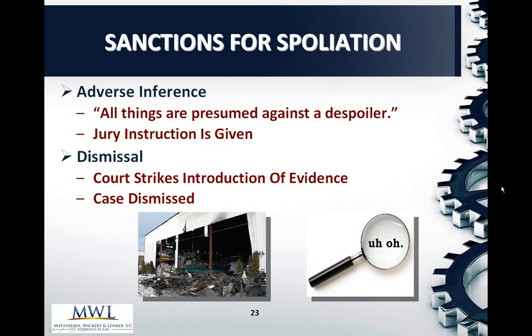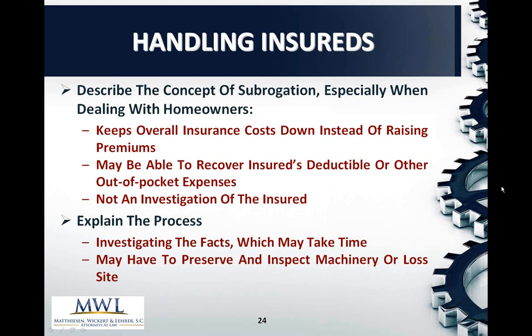And a lot of times, if the court strikes your introduction of evidence at trial, then that can't be taken into effect, and so your case is going to be lost anyway. But if you take the necessary steps, a lot of times defense adjusters will throw that around without a whole lot of basis.